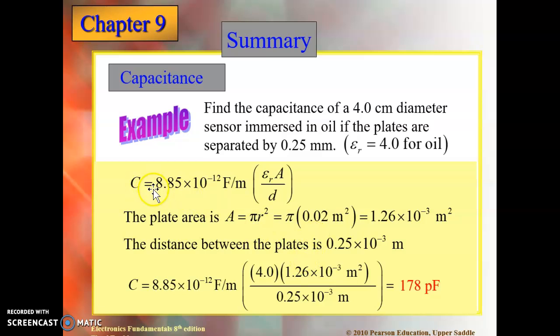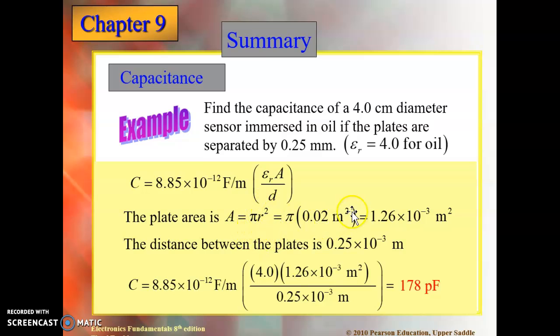So we take this constant and multiply it by the area of the plates. We have the diameter, so we assume the plate is circular.